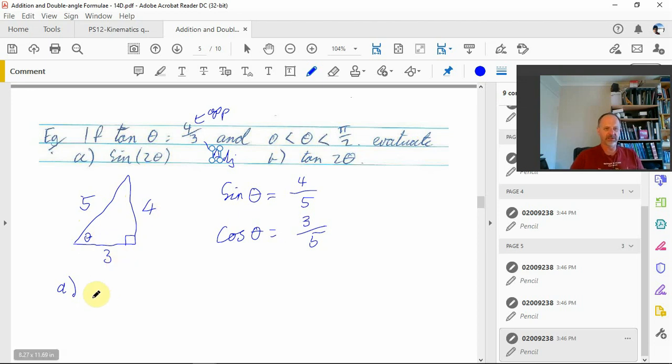All right, so A is sine of 2 theta, and that would be 2 sine theta cos theta, if you look it up if you need to.